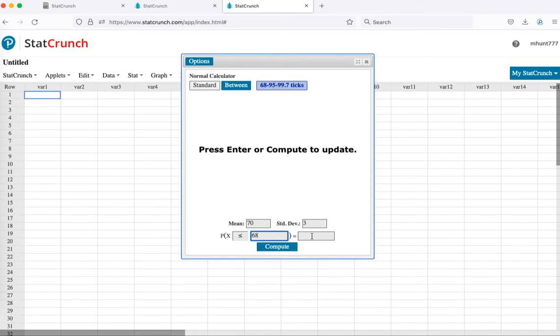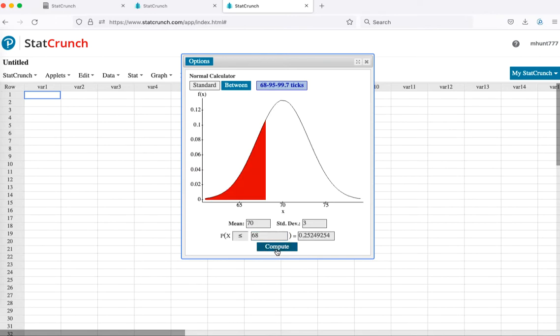It's the same population of adult males. So less than 68, compute. Oh my goodness, that's 25.25 as well. 25.25% of the adult males have a height less than 68 inches.